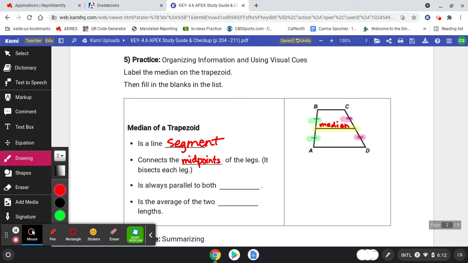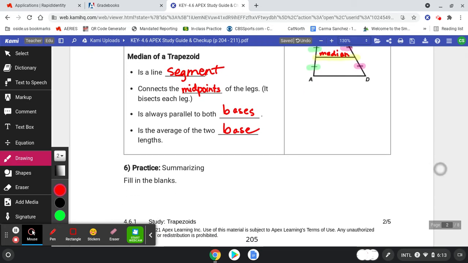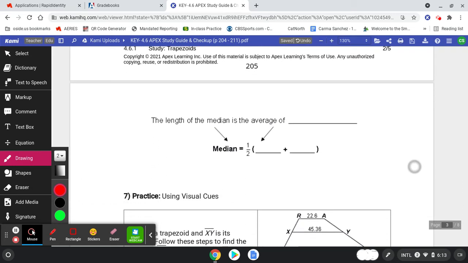Okay, it's always parallel to both bases. That median is always parallel to both bases, and it's the average of the two base lengths.